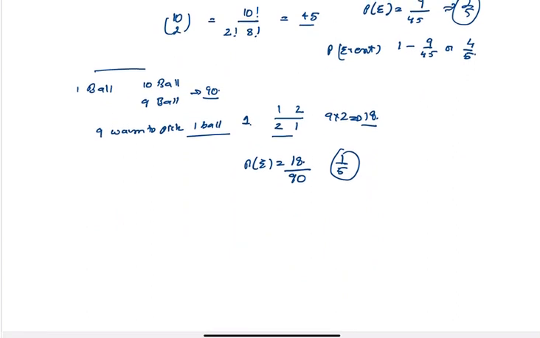Now we have another question here, which is a bag contains 20 balls. Now here we are selecting 2 balls at the same time. What is the probability that the two numbers selected do not differ by 12?